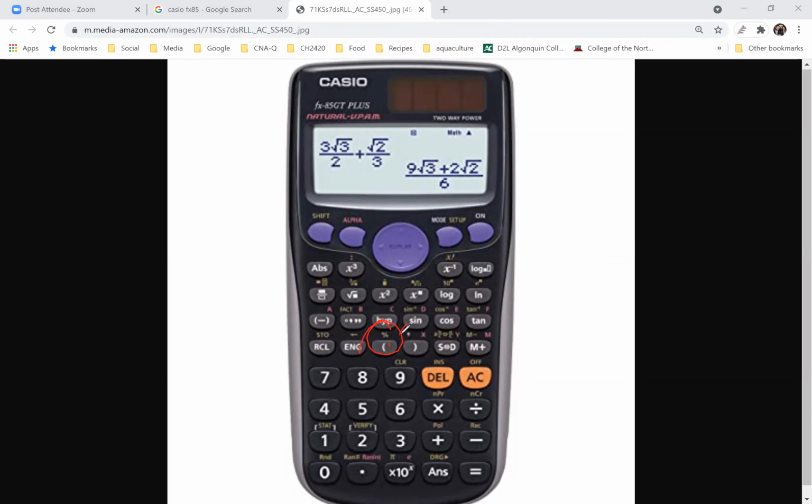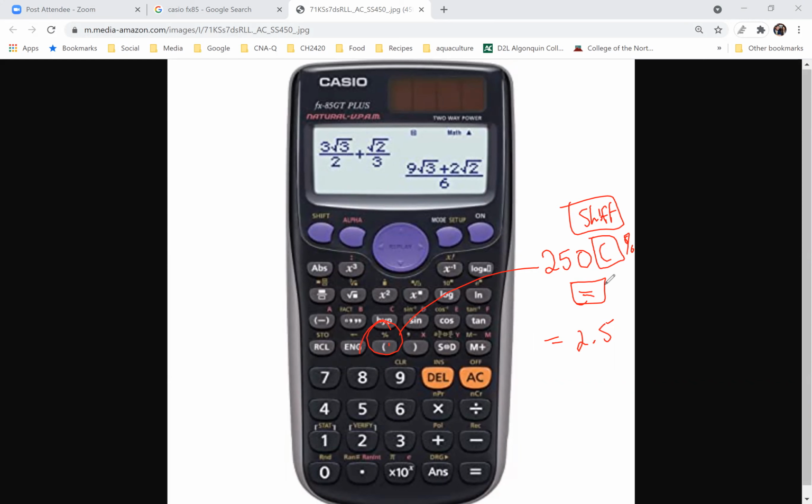So if I go 250, and then press shift parentheses, it would put percent there. And if you hit equals, it would give you a fraction, which you could then convert to the decimal 2.5.